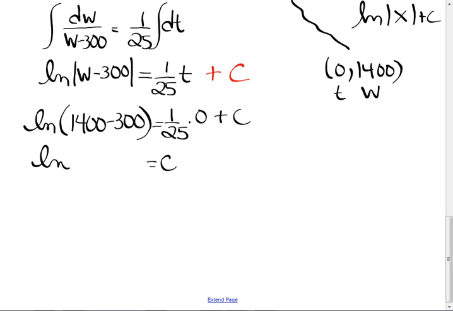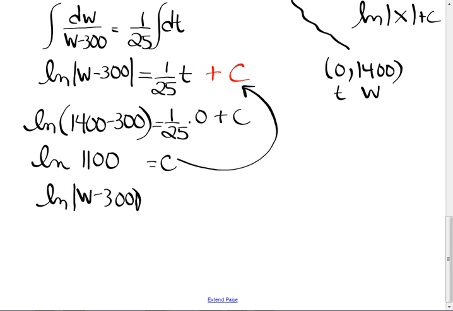Is it 900 or 1100? How many people do you think didn't write 900? A lot. If you're worried about the arithmetic, leave it 1400 minus 300. You're just fine. So now let's substitute the c in right there. So it's the log of w minus 300 equals 1/25 t plus my c.